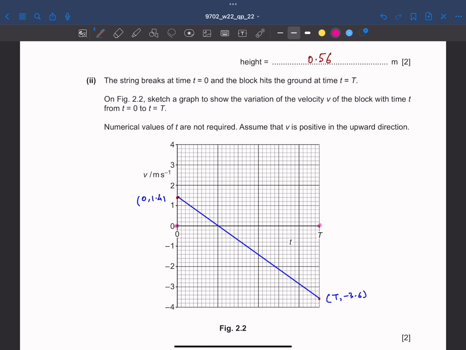So actually it's very simple to understand that they are mentioning here numerical values are not required, but of course they have already given you these values.